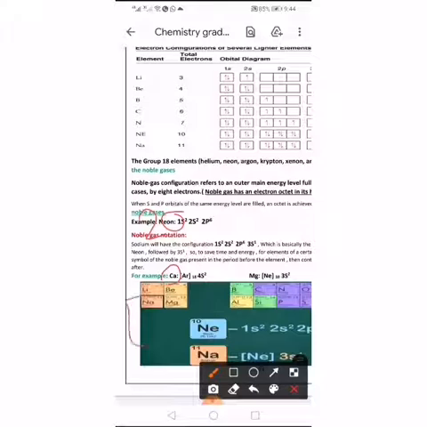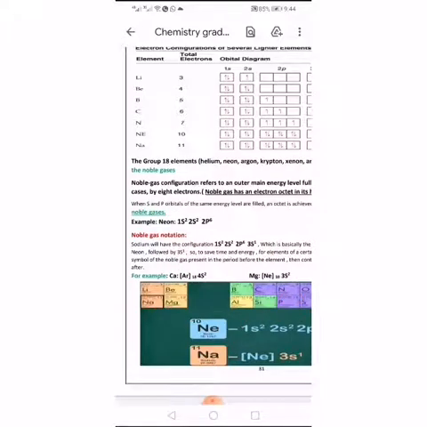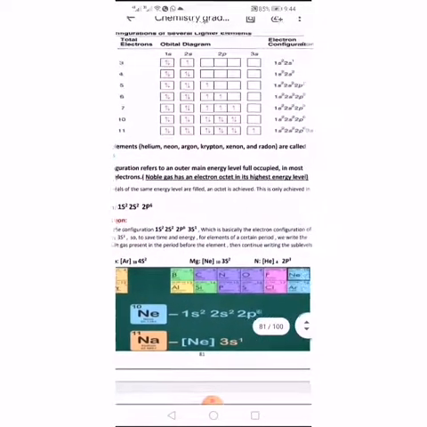We can write argon, atomic number 18, then write 4s2. So 2 plus 18 equals 20, which is the atomic number for calcium.